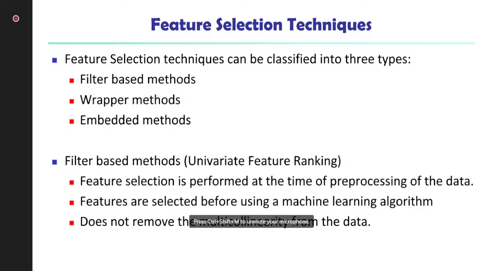There is no problem with this, but the thing is that sometimes a feature is weak on its own, but when it is combined with another feature, their combination can have more power than each of them individually, right? So univariate feature selection is fine, but that aspect we are missing.